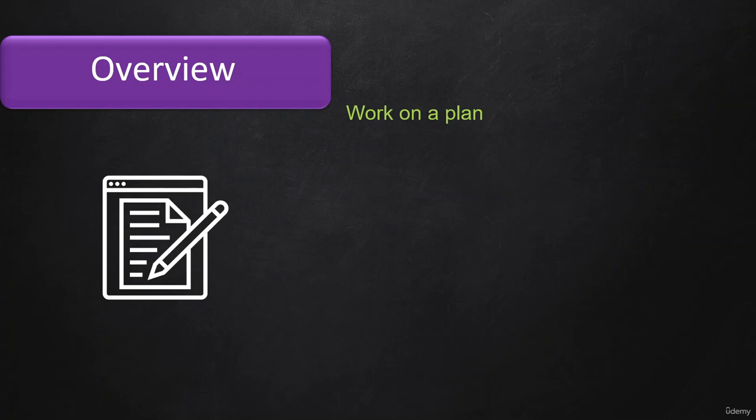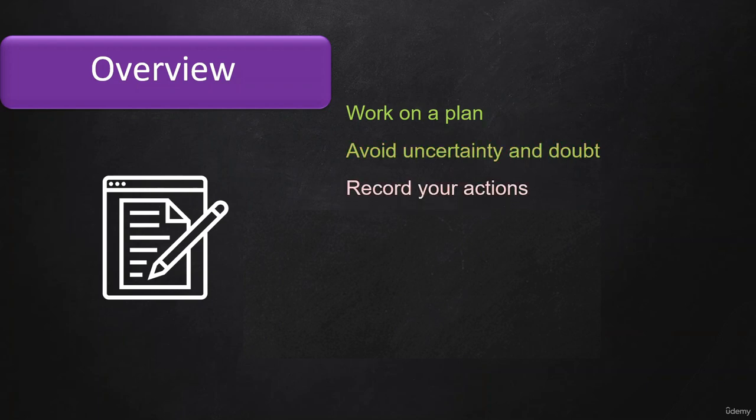It is important to avoid uncertainty and doubt, to make sure that you are competent and confident in what you are doing on the live machine, and that you always record your actions. This is absolutely paramount from the beginning of your investigation right through to the end, and would be part of your chain of custody also.